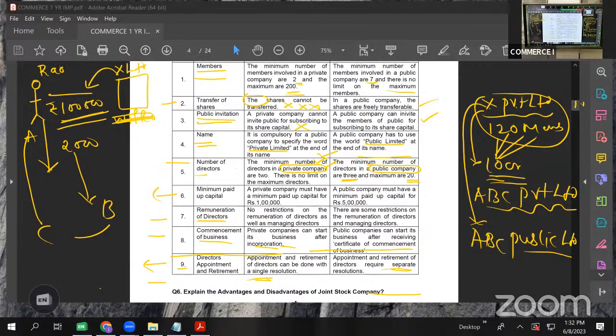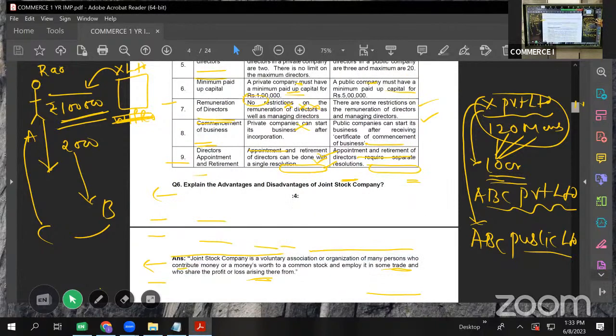Then, moving forward, we have the next important question. I'm not taking the advantages and disadvantages of joint stock company because we have learned the features, and from the features only come the advantages and disadvantages.